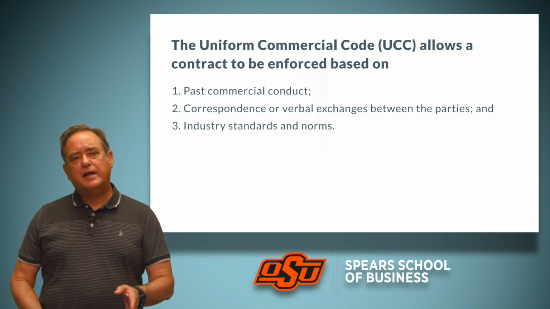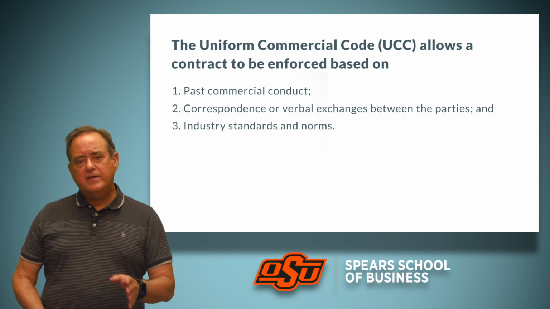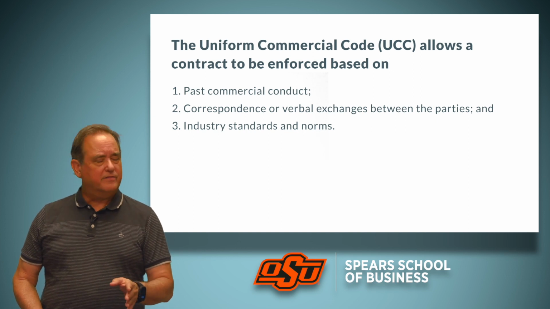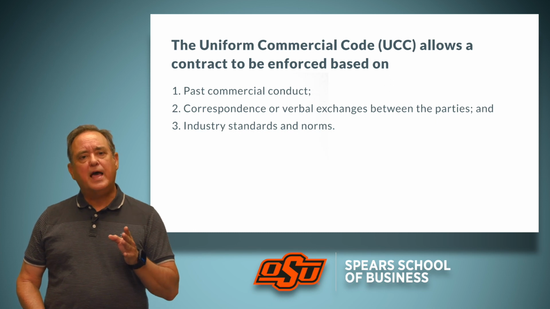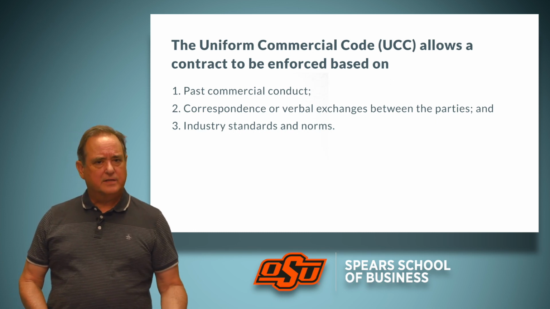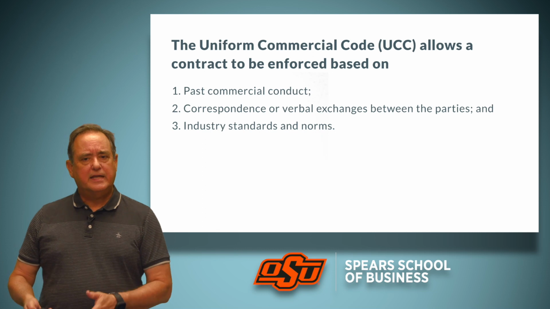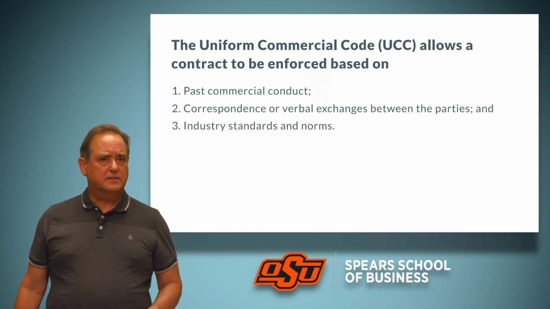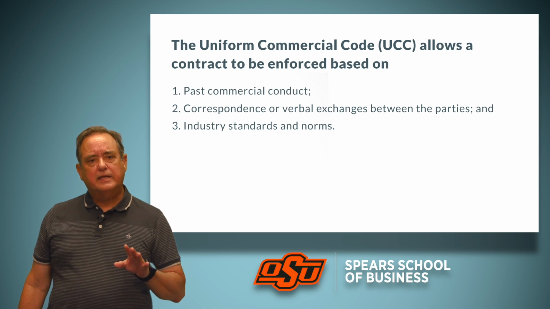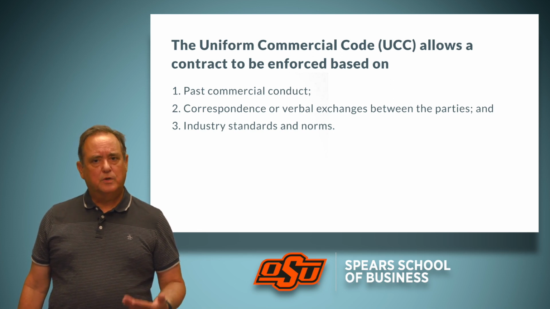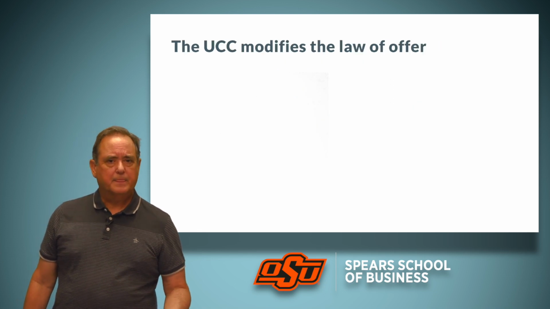So a contract can be enforced even if it would be invalid under the common law if I can show that the parties in the past have behaved in a way to indicate that a contract exists. So a contract under the UCC is easier to arise.